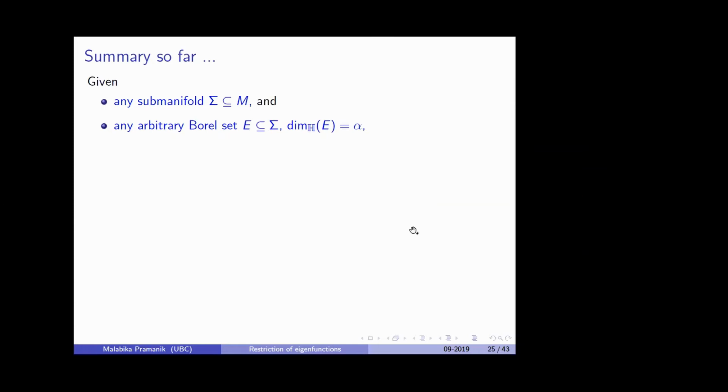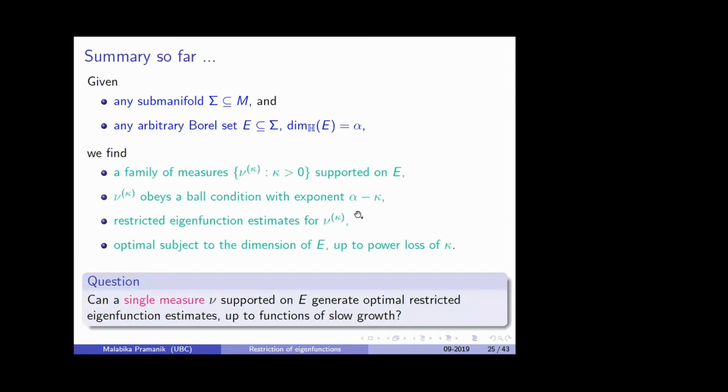Okay, let's summarize where we are at. Given an arbitrary Borel set E, we are able to find a family of measures, nu kappa, supported on E, that generate near optimal eigenfunction estimates up to power loss in kappa.